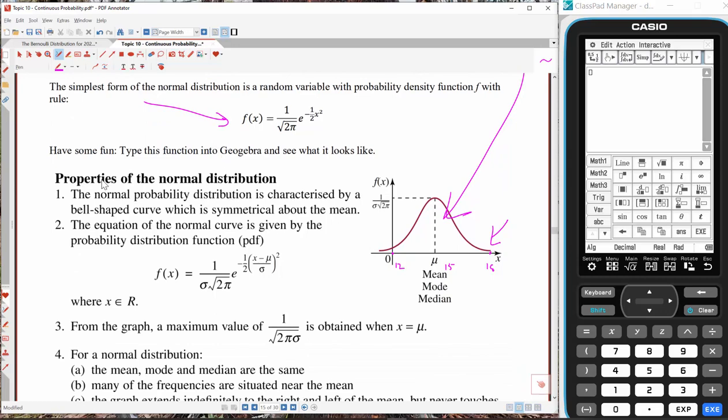All right, so some properties. The normal probability distribution is characterized by a bell curve. You might have heard of the bell curve before, which is symmetrical about the mean. It has a particular equation, based on the standard deviation and the mean.